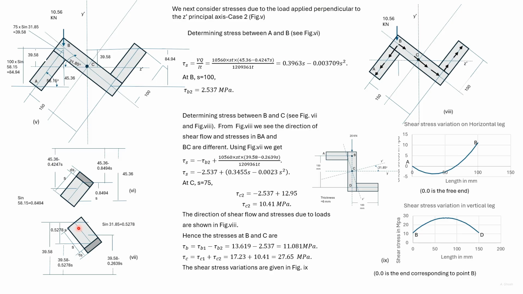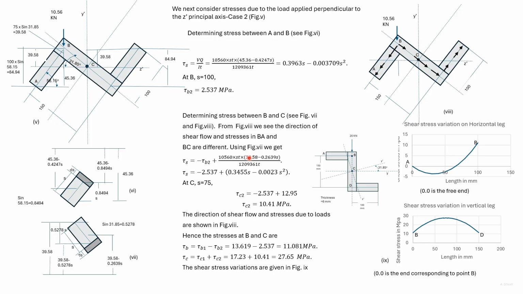This angle is 31.85. So this vertical distance is 0.5278 s. We earlier found the distance of the point B from the neutral axis as 39.58. So the distance of the centroid of this portion is 39.58 minus half of this, that is 0.2639 s.